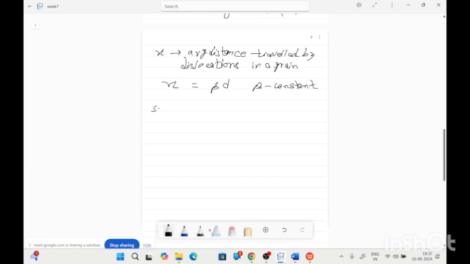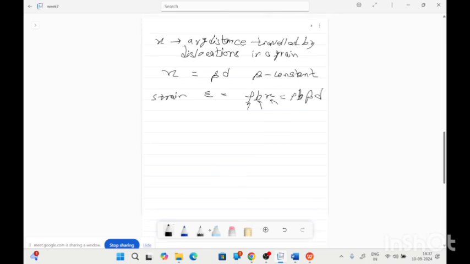The strain in the grain is written as rho b x, where rho is the dislocation density, b is the Burgers vector, and x is the average distance traveled by dislocation. By putting the value of x, it is rho b beta D. From this, the dislocation density can be written as epsilon by b beta times 1 by D.